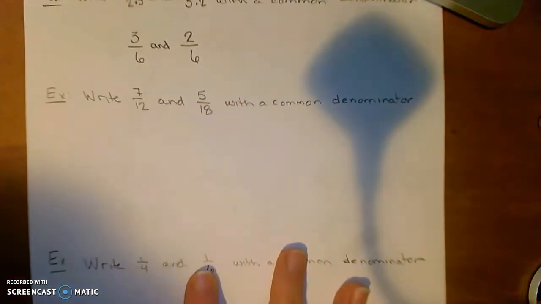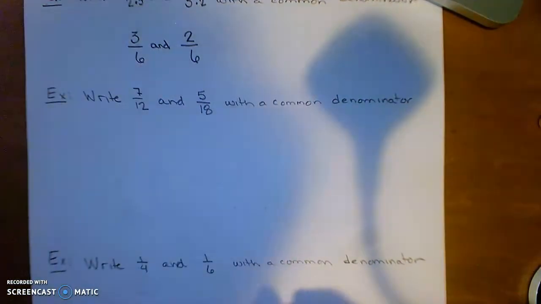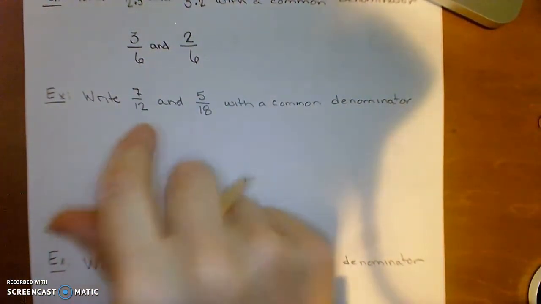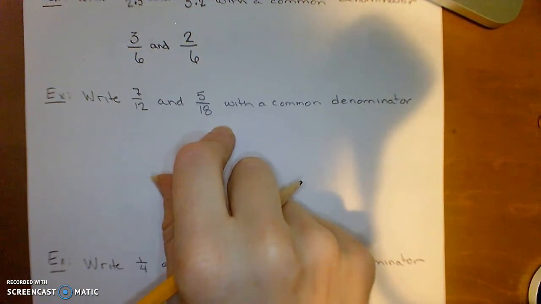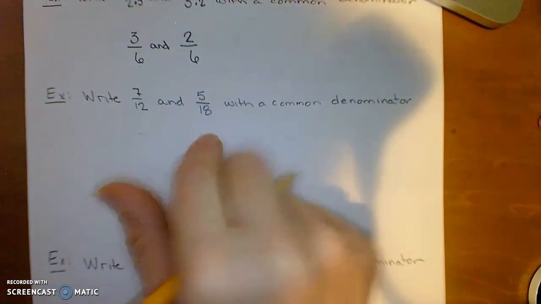Next example, let's look at 7/12 and 5/18. We want to write these with a common denominator. This one's a little bit harder for me to think of off the top of my head. What number do both 12 and 18 go into?